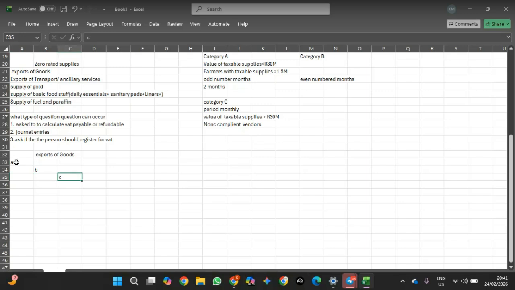So now you see this is an indirect export. Direct export, you charge 0% immediately. But now if ever there's a middleman, you charge your 15% normally, and then this person will have to go and charge this person 0%. But B will be the one claiming that from SARS themselves.